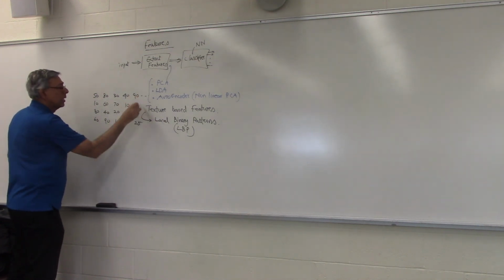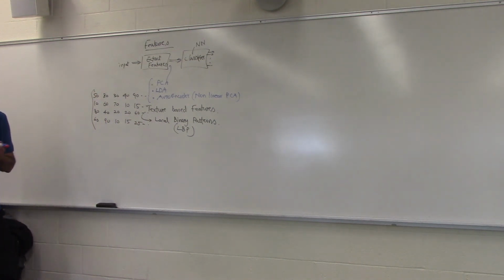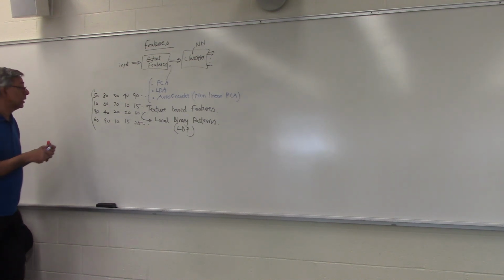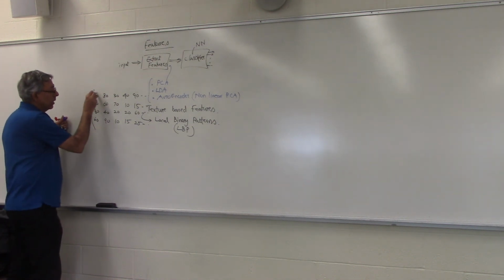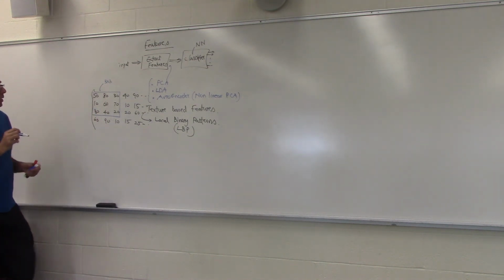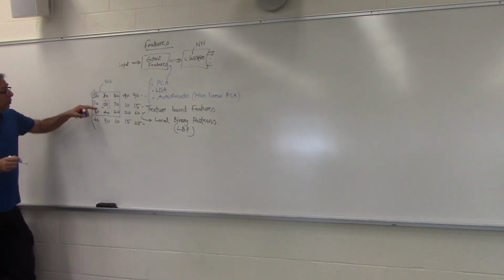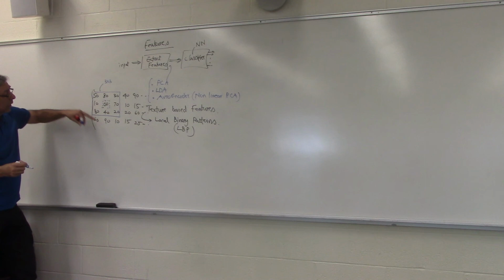Let me pick some numbers. So pretend this is the grayscale image, and these are the pixel values. In local binary pattern, just like convolution, we take a look at, for example, a 3x3 window, and around the center pixel, we compare the center pixel with all the neighbors.